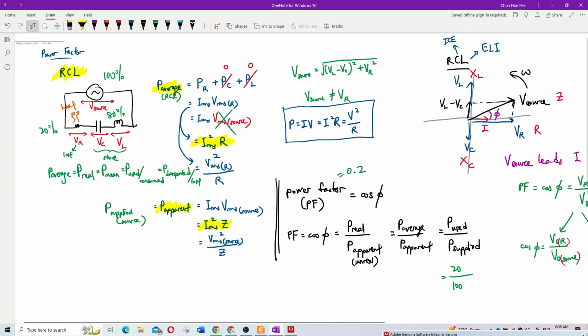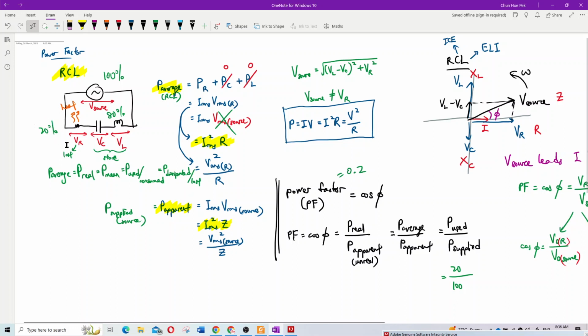That means only 20% of energy is being used in the circuit, in the resistor, over the 100% of energy supplied by the source.